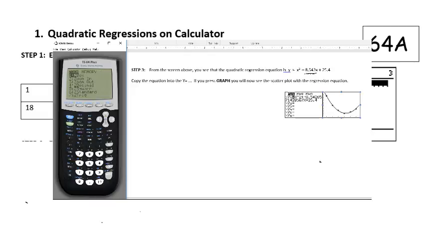The Zoom button is in the middle here, and we can select zoom quadrant 1, and it will show our graph in quadrant 1.